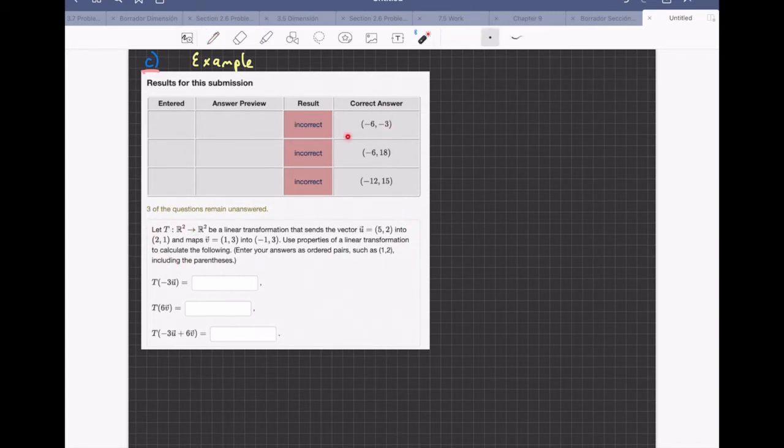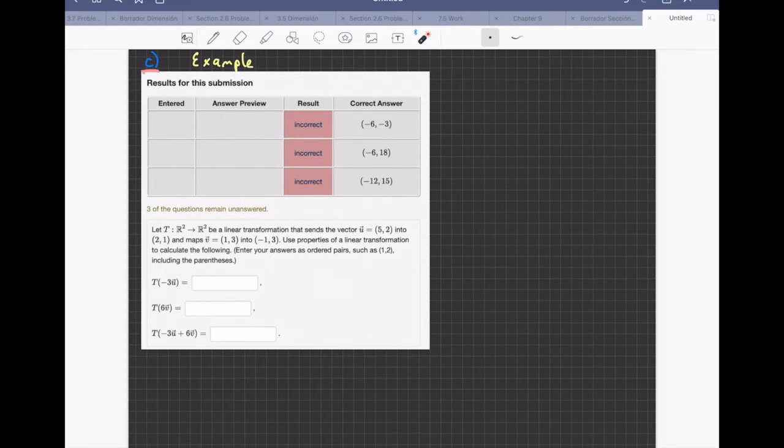This is one of the exercises that you see in WeBWorK, but of course, the numbers may change in your case, but the process of the solution should be the same. We have a linear transformation from R2 to R2 that sends the vector u = (5, 2) into (2, 1) and maps v = (1, 3) into (-1, 3). Use properties of a linear transformation to calculate the following. Enter your answers as ordered pairs.